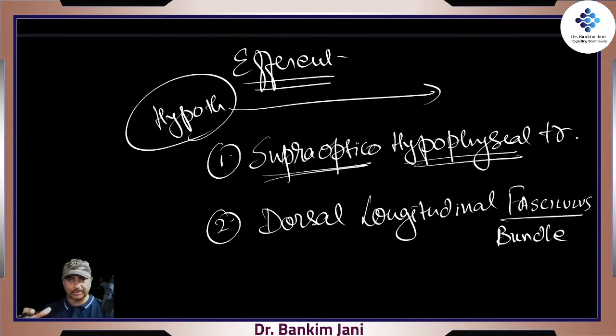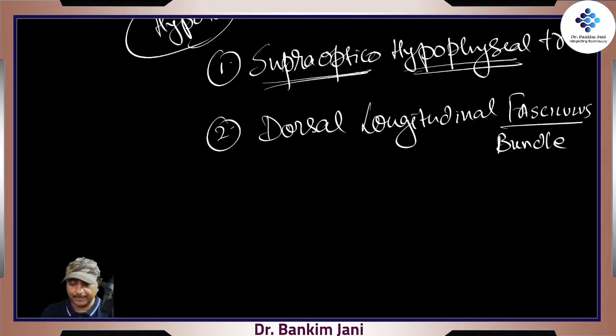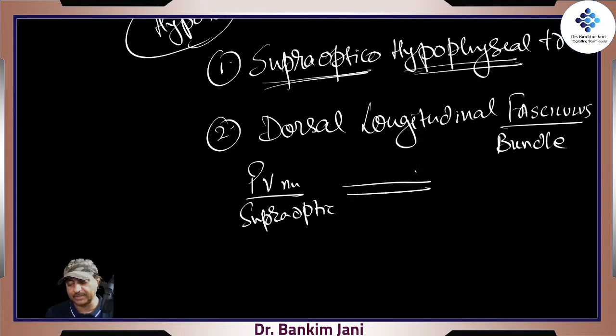From the paraventricular nucleus, and also from the supraoptic, all of these fibers travel. And where do they reach? They reach all the systems, the amygdaloid, the limbic system parts, right?